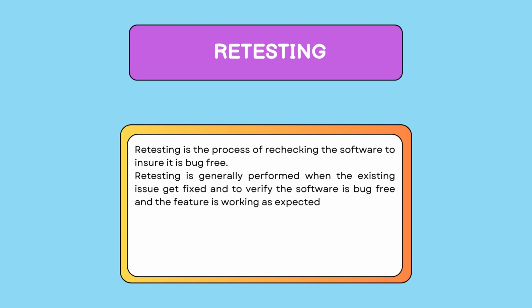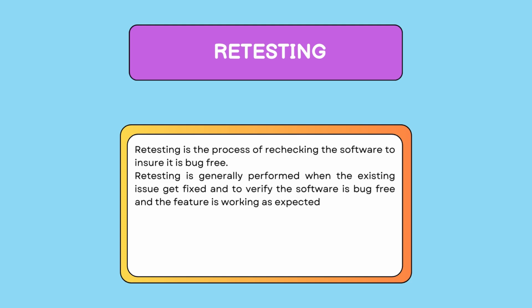This type of testing is generally performed when the developer fixes the features or bugs. We try to reproduce that bug, if any, and for that we need to test the same feature again and again only to ensure that the bug is fixed or not. So this is nothing but retesting.